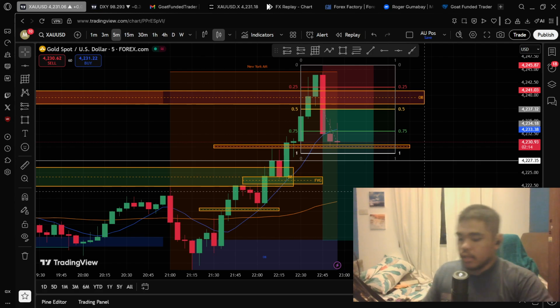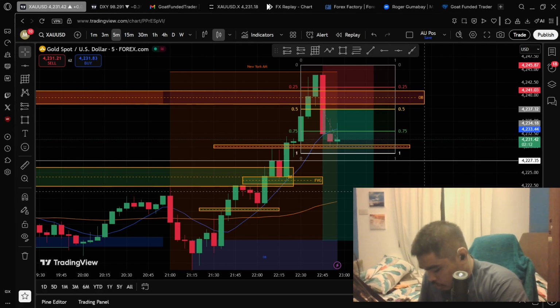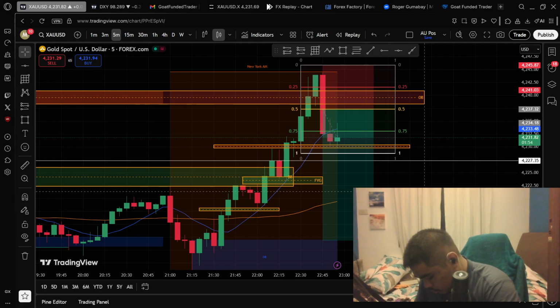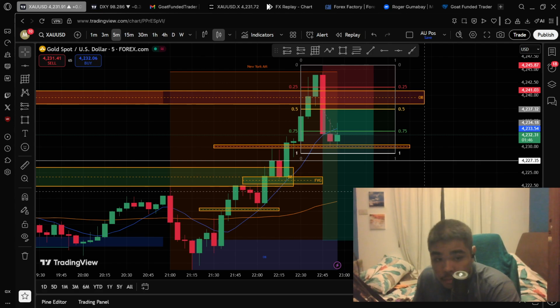Two minutes for this candle to close. We still have bullish momentum right now.